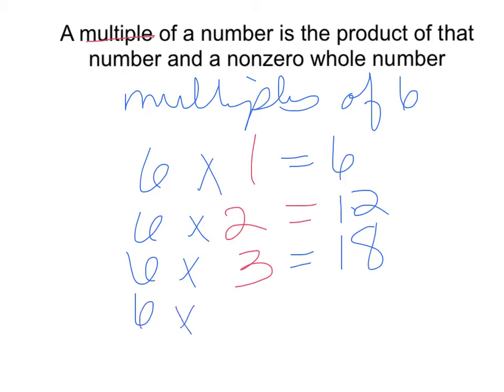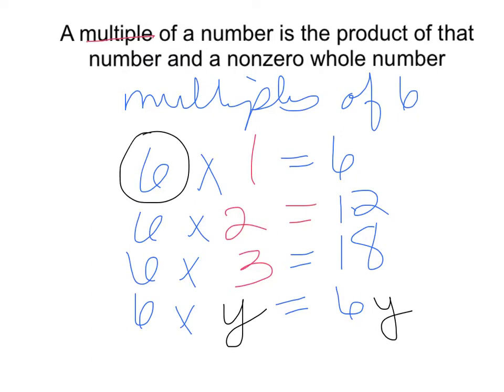Or 6 times some number we don't know equals 6y, or whatever you want to make your variable. It just means any number times another whole number that isn't 0 is a multiple.